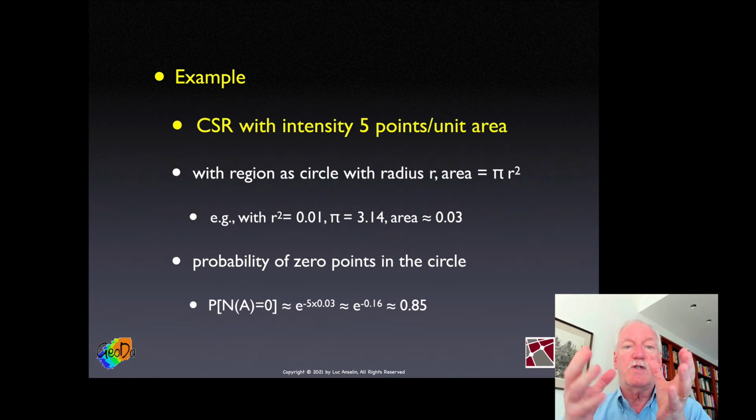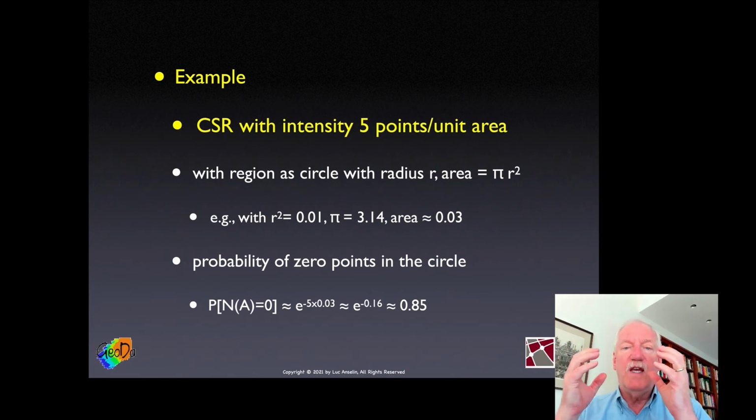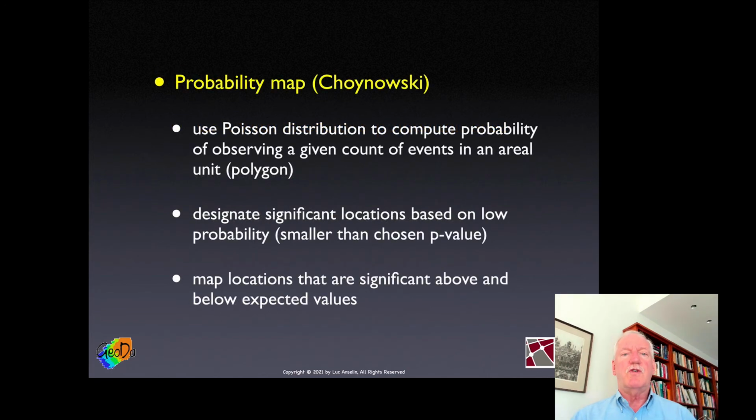So this gives us a way of figuring out the probability of having a certain number of events in a given area with a particular intensity of the process in mind. And now we can use this concept to construct what is called a probability map. And this is due to Choynowski. It's actually a fairly old process, but it has its flaws, but it's very intuitive.